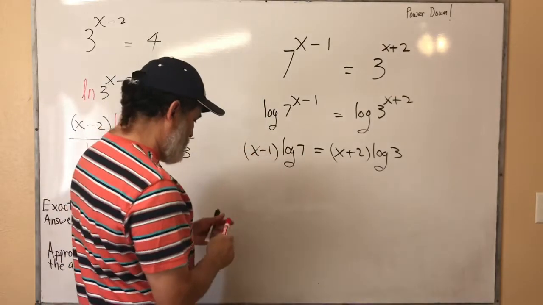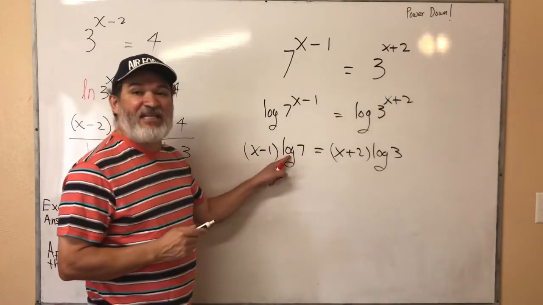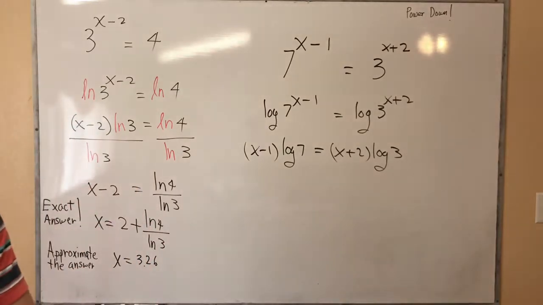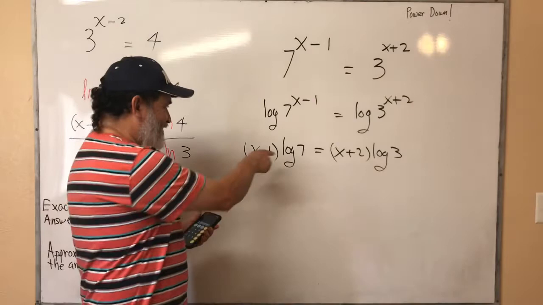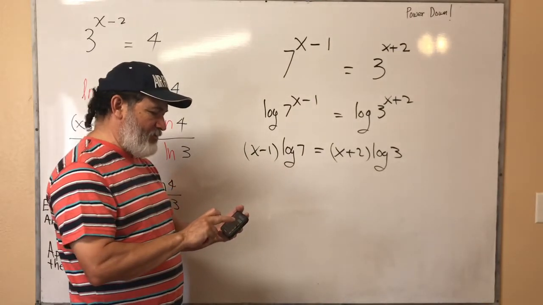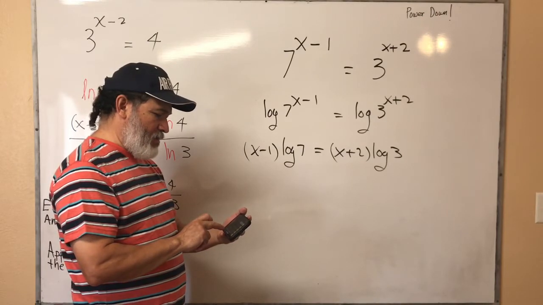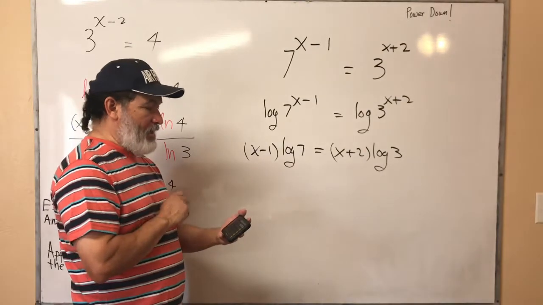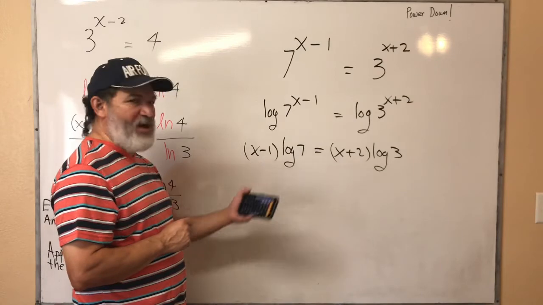So we get, by distribution, and don't forget, this is just a decimal. What is log base 7? That's just a decimal, guys. Don't let that fool you. That's 0.85.